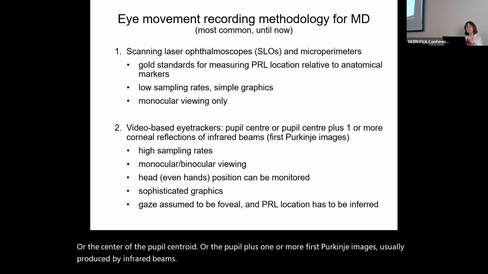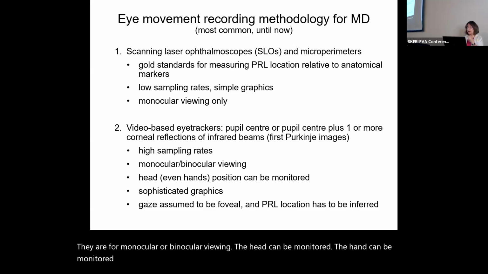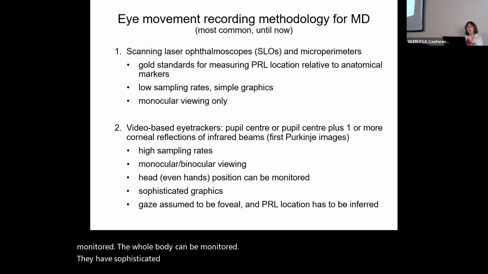They have high sampling rates, they're easy to use. They are for monocular or binocular viewing. The head can be monitored, the hand can be monitored, the whole body can be monitored. They have sophisticated graphics. The problem is the gaze is assumed to be foveal, so the PRL location has to be inferred.